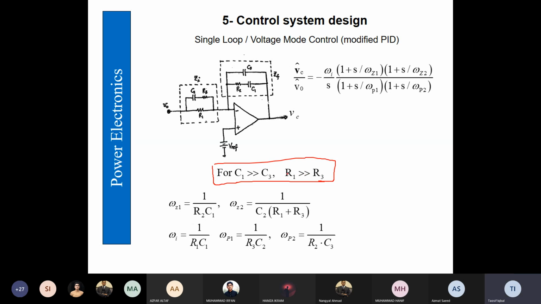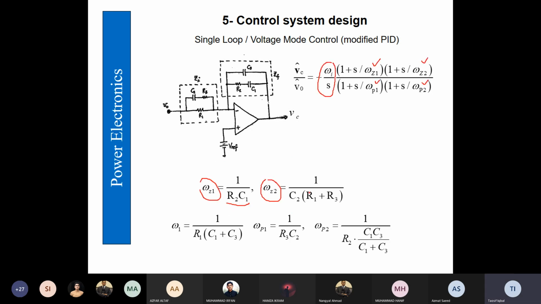If we choose values this way, then because R1 is very large compared to R3, we can neglect R3 and choose the frequency of the second zero only with respect to R1 and C2.